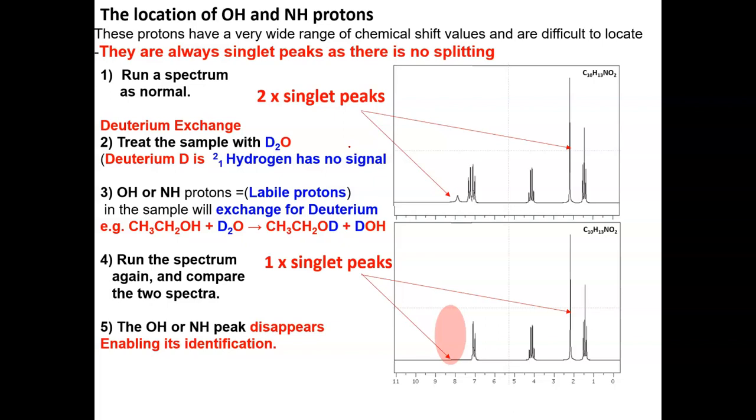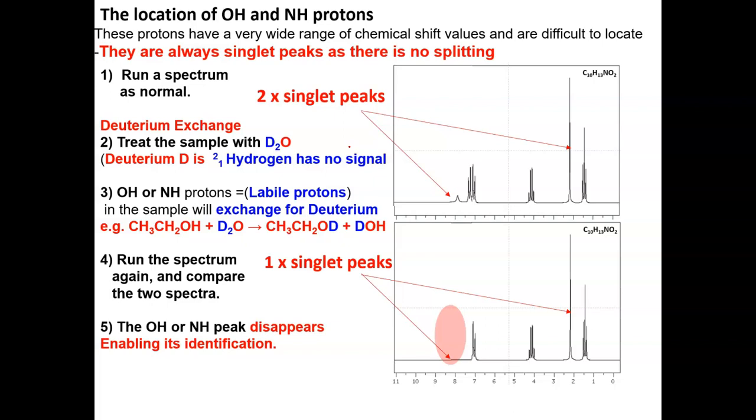Remember, we use D because it doesn't have a signal unlike ordinary H does, and because it's got an even mass number. So when we add D2O to a sample, then the protons in equilibrium exchange with the genuine H's that are on the molecule. So the OH or NH, which are called labile protons, means that they can be swapped.